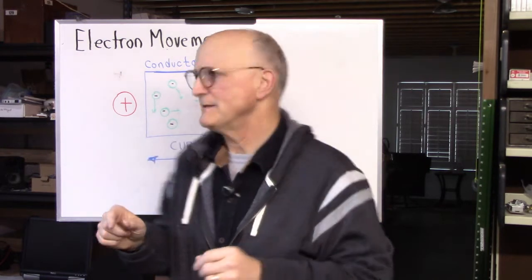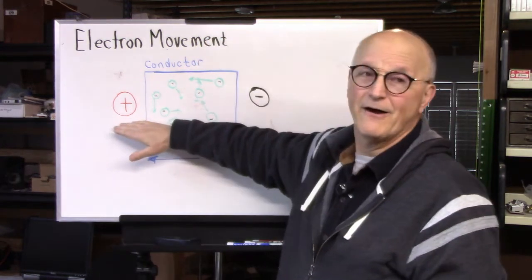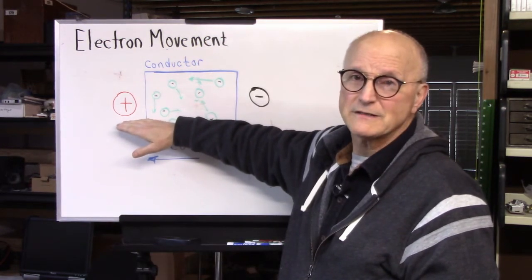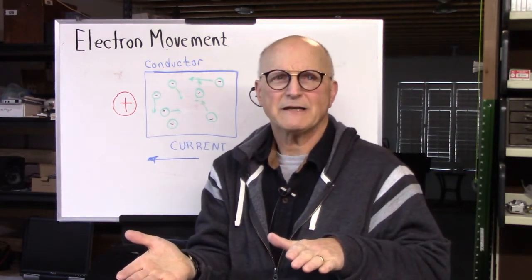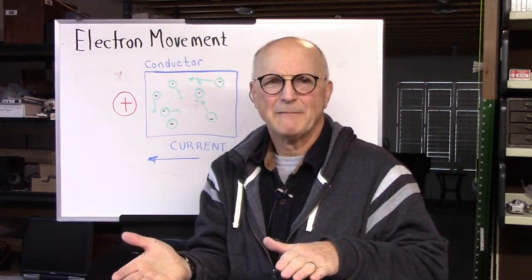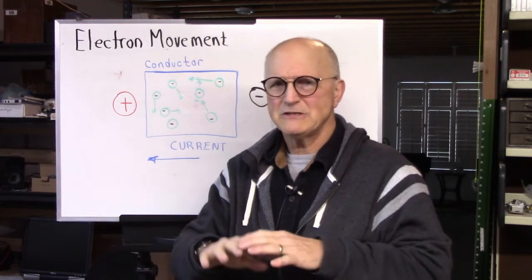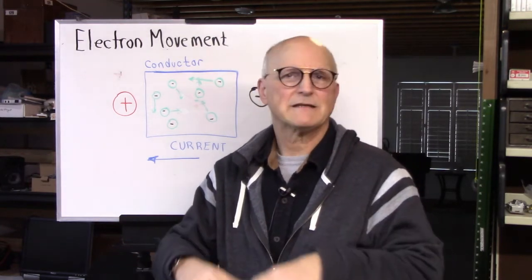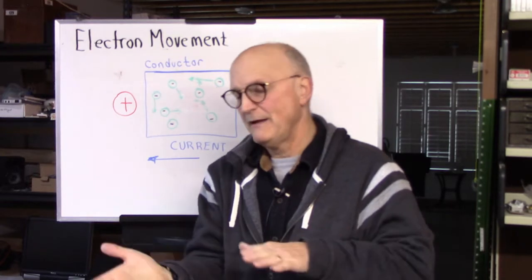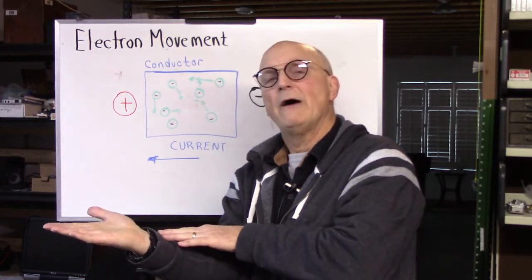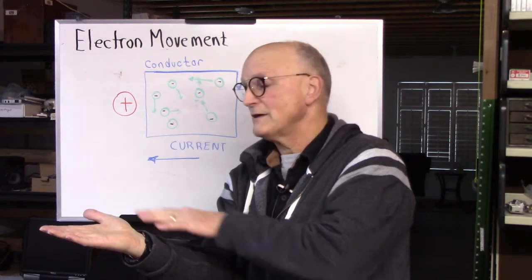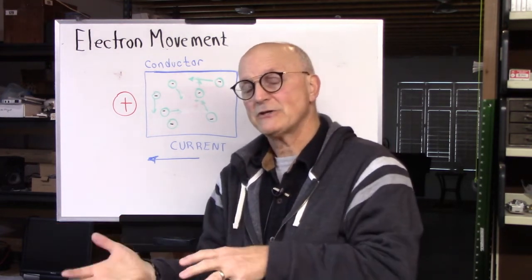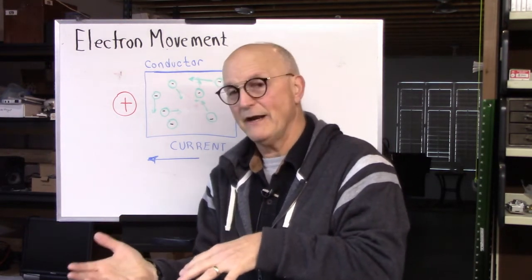But what happens if we apply our force, in this case it would be gravity, by just tipping that box a little bit? Same conditions, same marbles, same box, same everything, except now we're allowing gravity to exert force in a particular direction, and this box is vibrating.